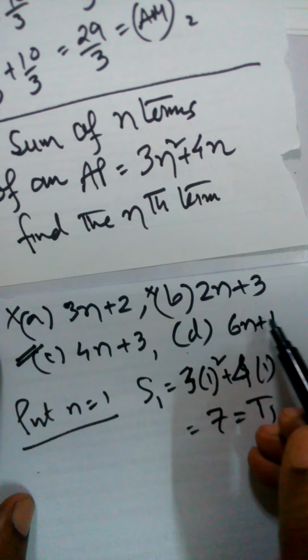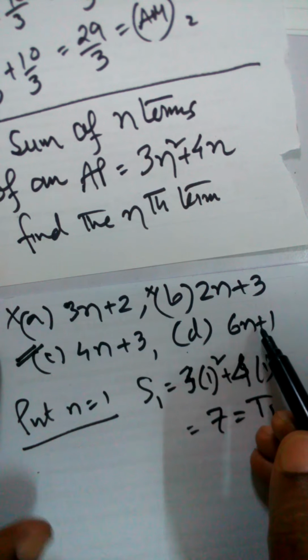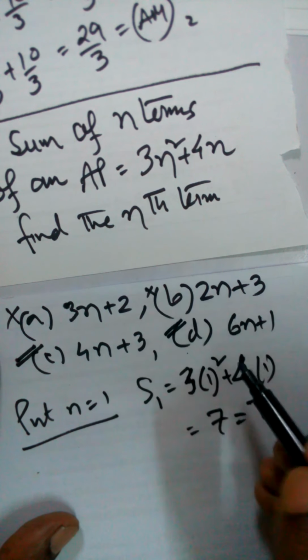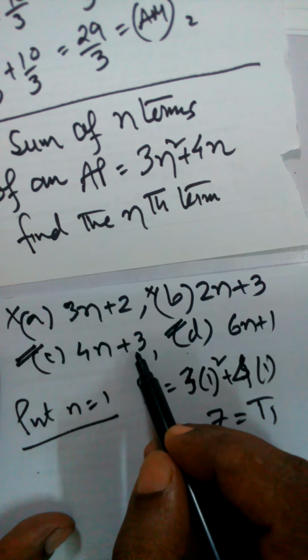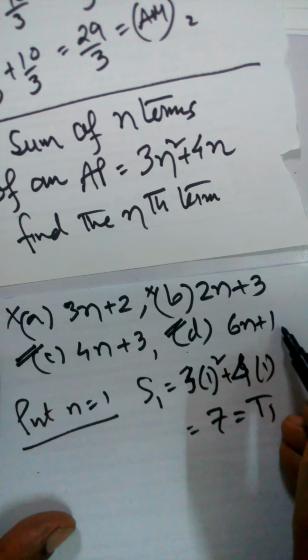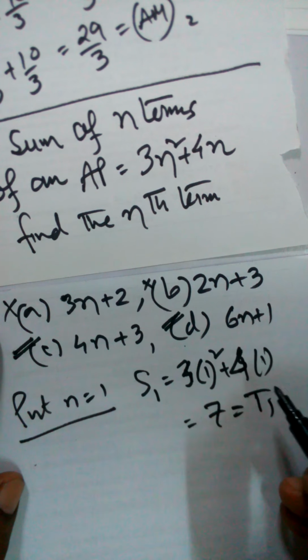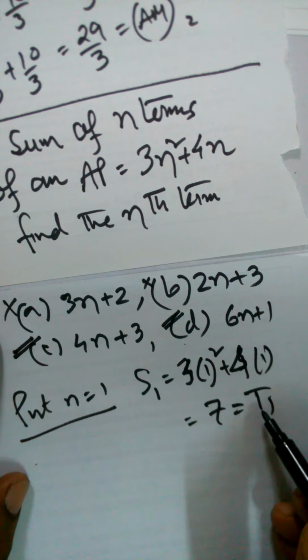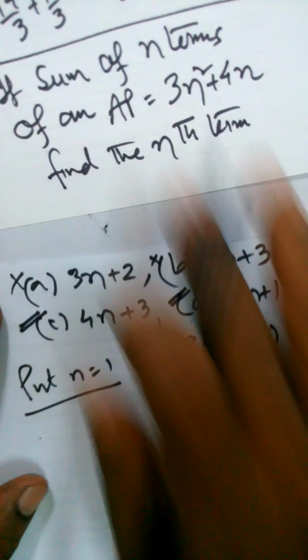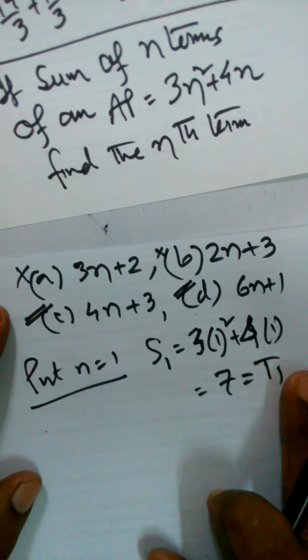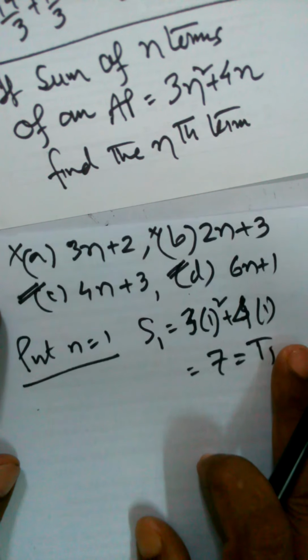Because I have one more option to look at. Put n is equal to 1, again it is 7. So here 4 plus 3 is 7, and 6 plus 1 is 7. So our problem is which is correct. Now do one thing. This is not a sufficient concept to get the right answer.